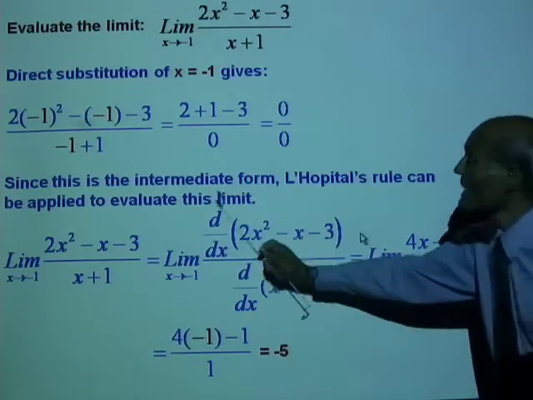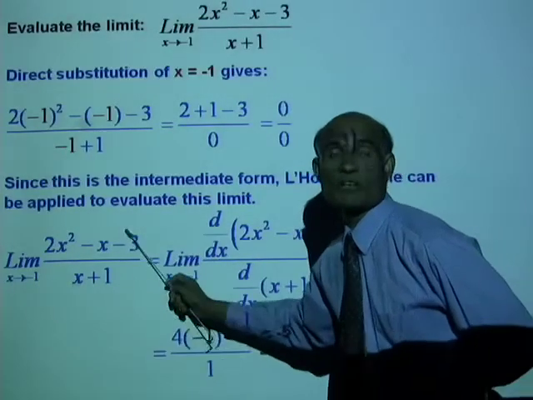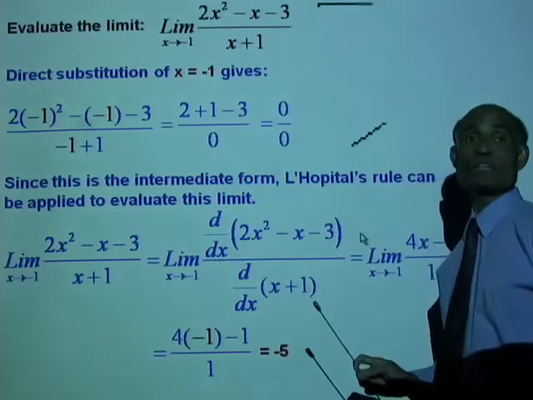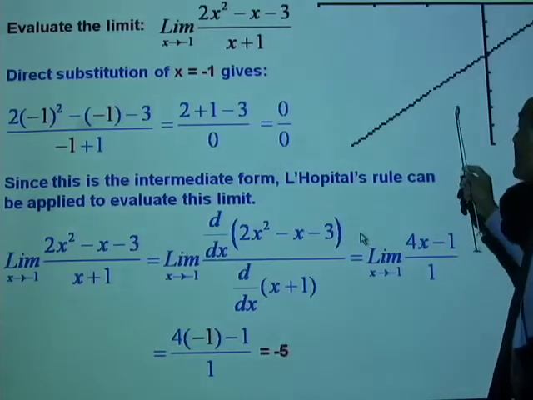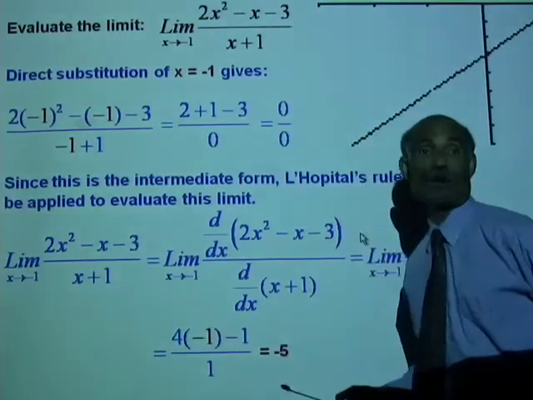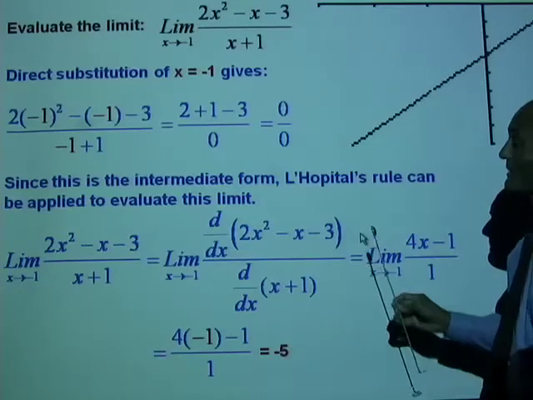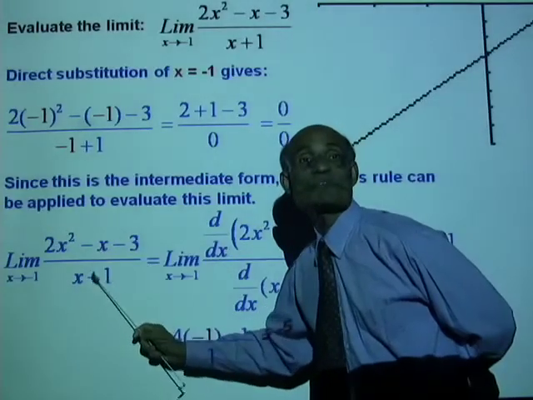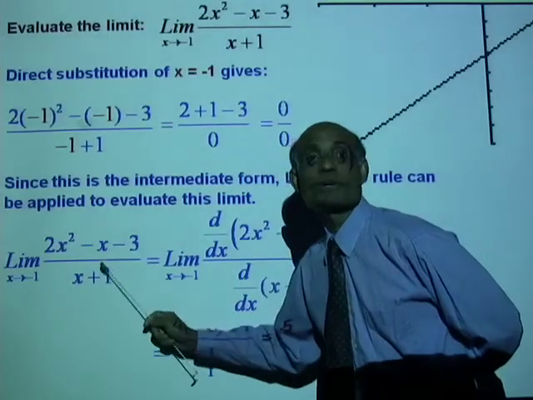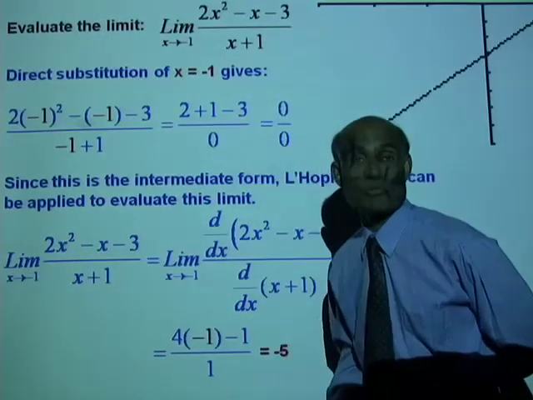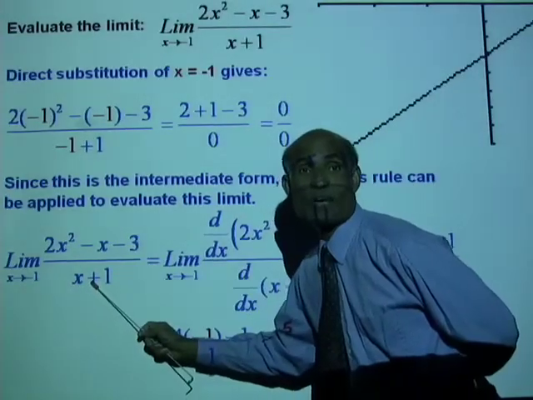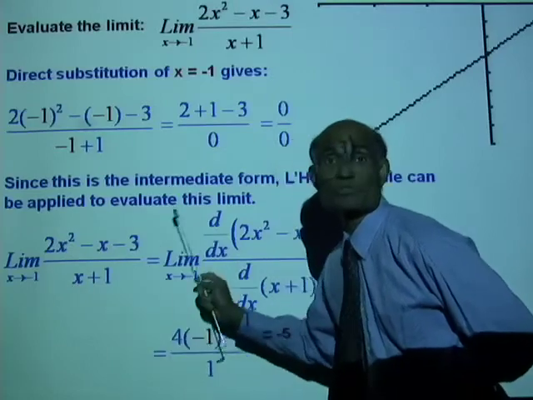Now, can you draw a graph of 2x squared minus x minus 3 over x plus 1 and see if the limit is actually negative 5? This is the graph. Try that on your own. You can see this is a removable discontinuity. You can factor the numerator and cancel that x plus 1. But when you graph this, the graph will have a hole at x equal to negative 1.